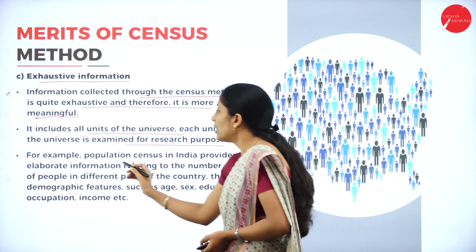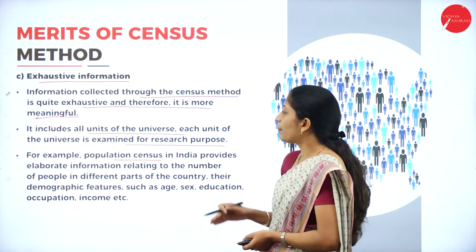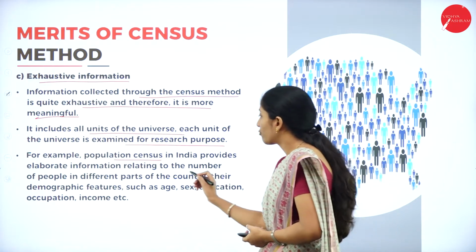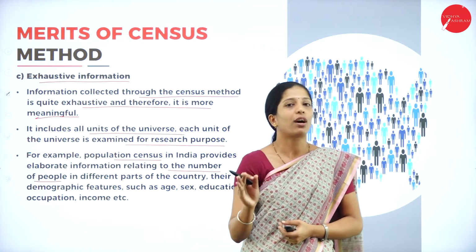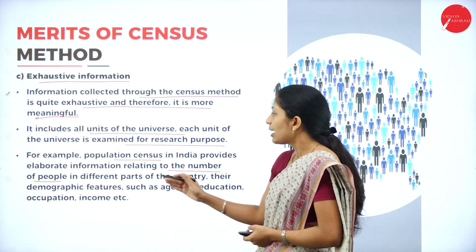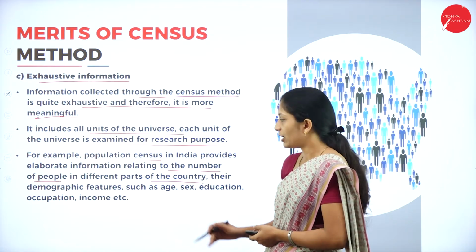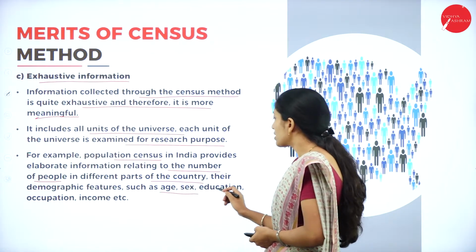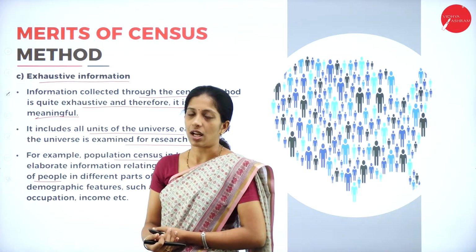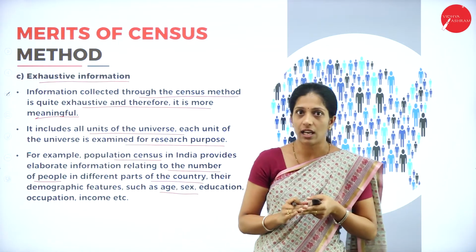For example, the population census in India provides elaborate information relating to the number of people. As I have told you, the main thing that comes to our mind is the number of people, correct? So in different parts of the country, their demographic features such as age, sex, education, occupation, income, etc. Normally the census is conducted every 10 years, correct?